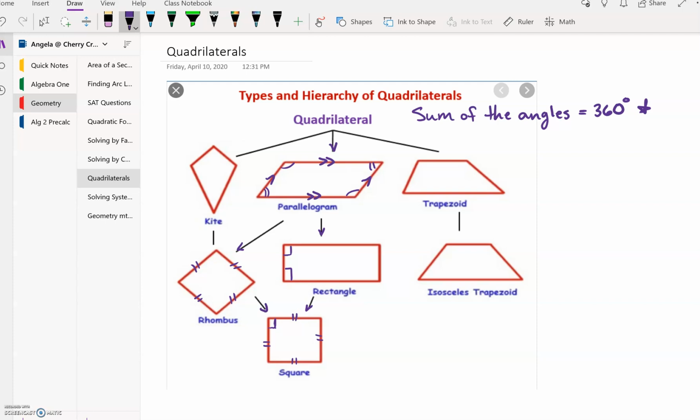Okay. So some of these other quadrilaterals that you see here, trapezoids only have one pair of parallel sides. And those are actually called the bases of your trapezoid. And then if you have an isosceles trapezoid, you have one set of parallel lines, and then your other two sides are going to be equal in measure.